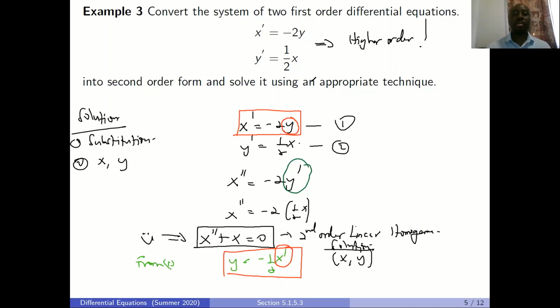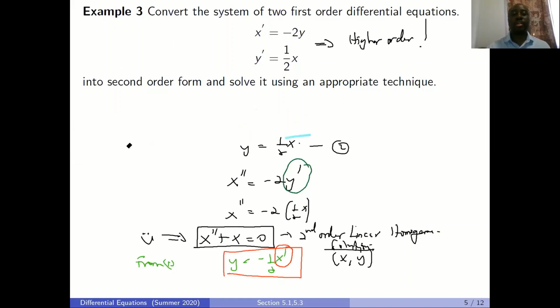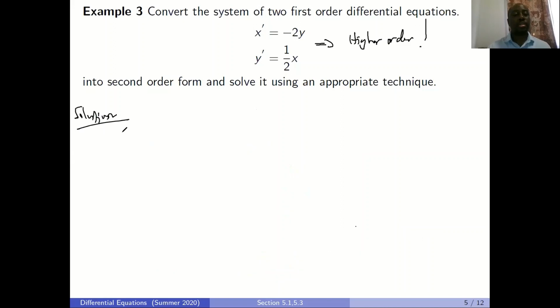Since we have now come up with a higher order, a second order equation in terms of x, we can safely deal with this. So our equation is now x prime prime plus x is 0. Right.